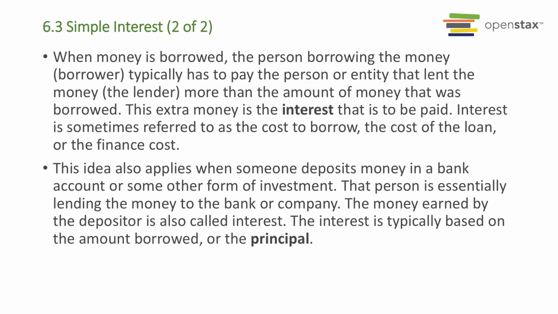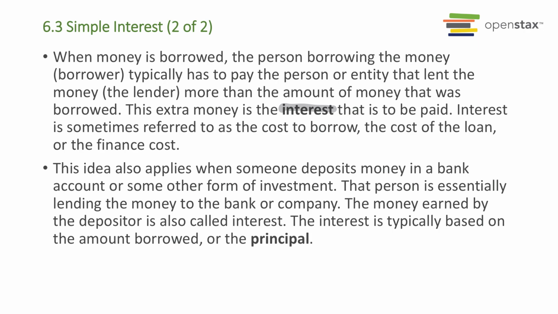So when money is borrowed, the person borrowing the money, also called the borrower, typically has to pay the person or entity, for example a bank, that lent the money, often called the lender, more than the amount of money that was borrowed. So if you're going to borrow, say, $1,000, you're not going to just pay back $1,000. You're going to pay back extra money on that $1,000, which is called interest.